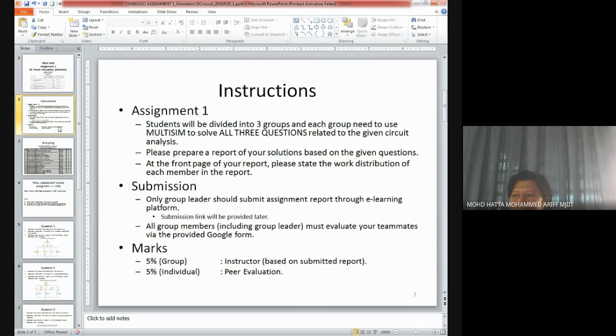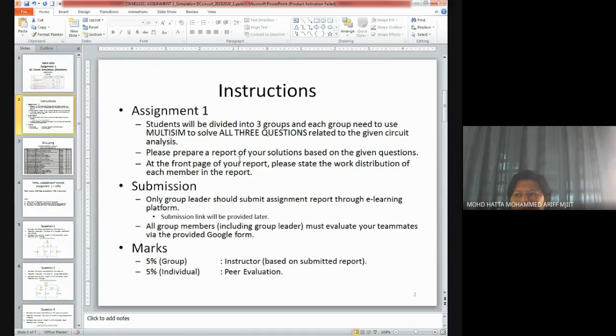Okay, for the instruction, you will be divided into groups of three. Each group consists of three students, where you need to solve the circuit given using Multisim, and also need to calculate your answer in order for you to compare the calculation with the simulation answer. And at the end, you need to prepare a report.